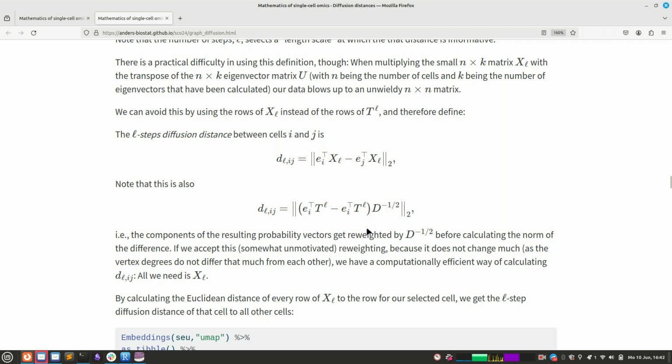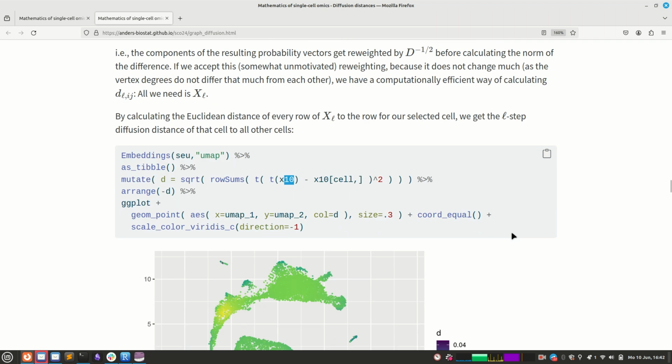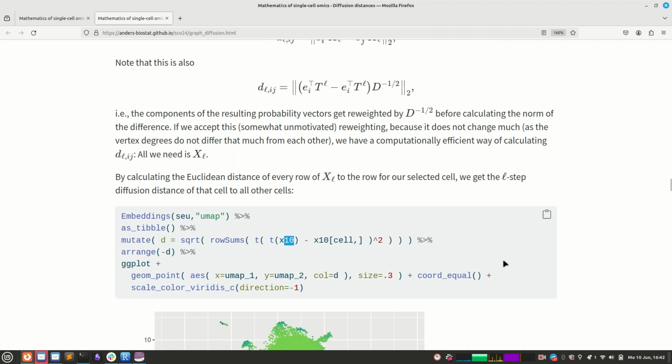But now we can calculate this distance by just looking at the differences between these vectors, which, as you remember, only have 100 dimensions instead of 18,000, because we only need the top 100 eigenvectors, since those further down were nearly 0. And that now allows us to very quickly calculate the distance of a given cell I to all the other cells.